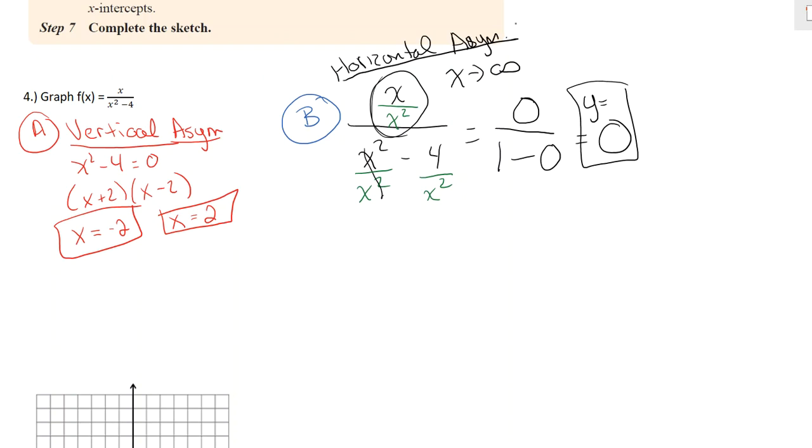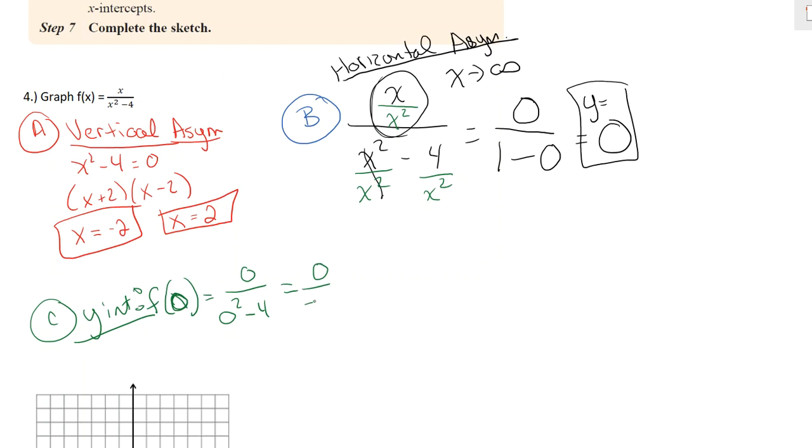The next step says to find any y-intercepts. And to find any y-intercepts, what we're going to do is substitute 0 in for x. So we'll have 0 over 0 squared minus 4. That evaluates to 0 over negative 4, which is just 0.